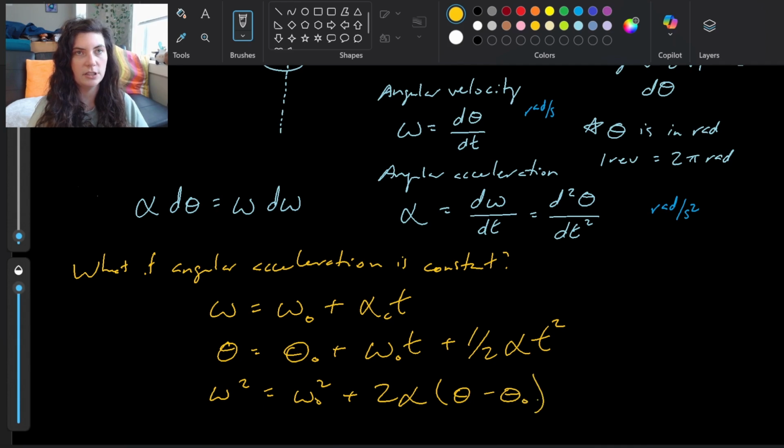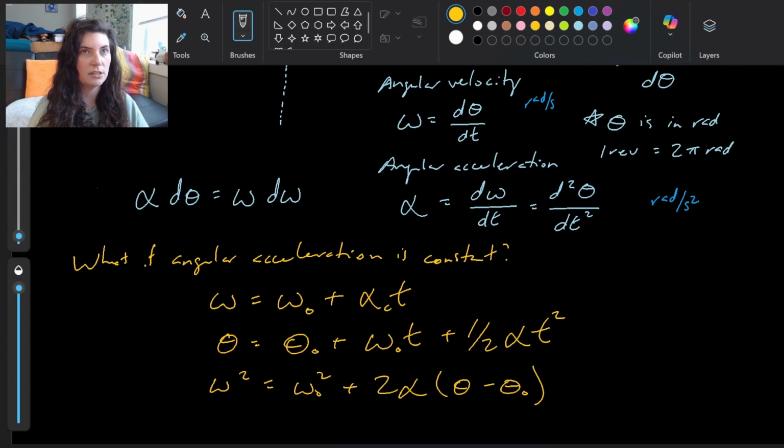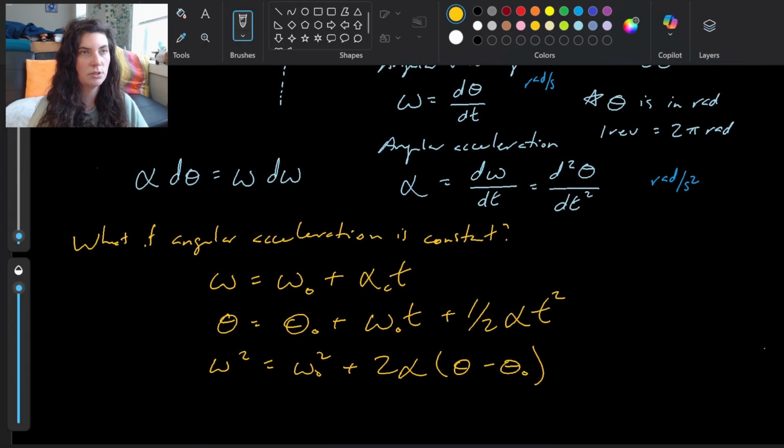Right, so that difference in angular position times angular acceleration times 2, plus that initial angular velocity squared equals our angular velocity squared. So they're just the same equations, just applied with our angular concepts instead of our linear concepts. Those relationships all still hold true.